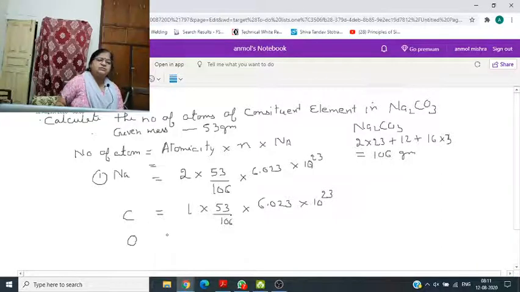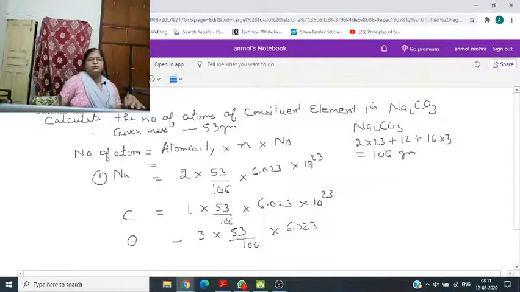So oxygen: 3 into 53 by 106 into 6.023 into 10 to the power 23. So there are many more numericals which you can do. So open your book and do practice. If you do not know, you can ask me on my personal number. I will tell you the answer.